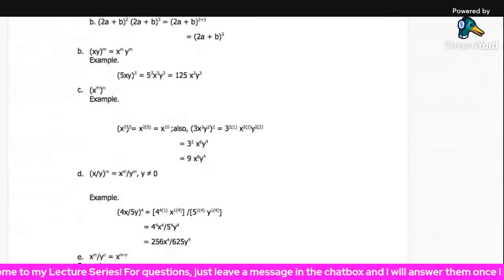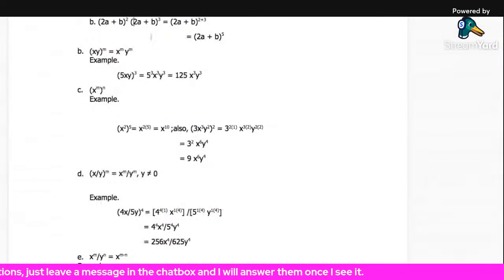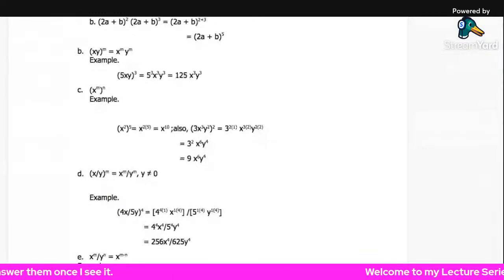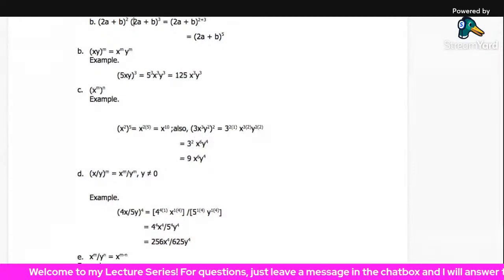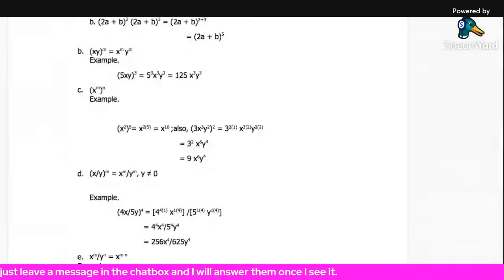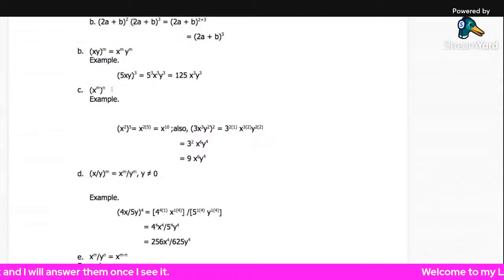Then we also have the third law. The third law says that x to the m to the n. Okay, so this exponent is being raised to the n power. So what you're going to do here is you just multiply their exponents.